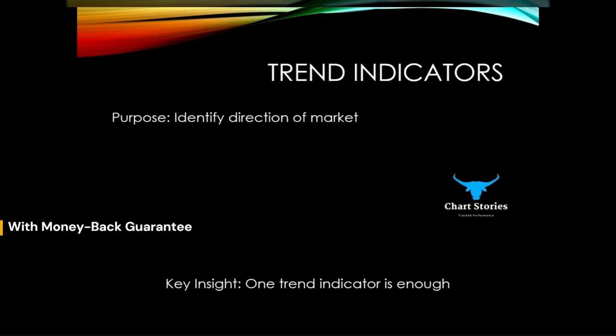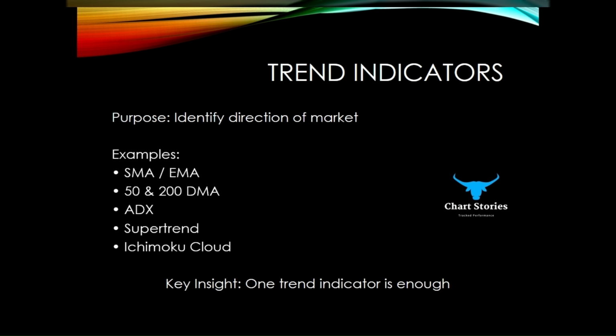First, trend indicators. They tell you whether the market is trending and in which direction. Examples include moving averages, whether it is SMA, EMA, DMA, ADX, which is average directional index, Super Trend, Ichimoku clouds.